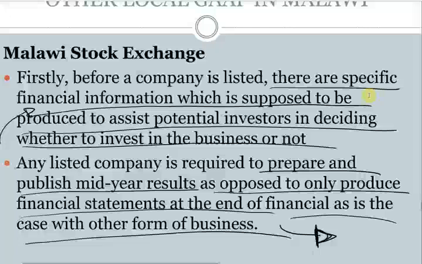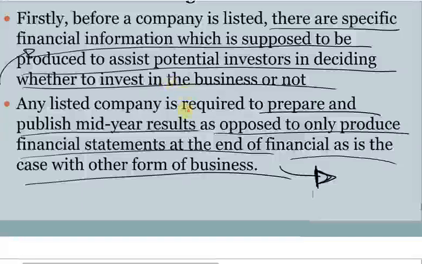Mid-year, that means for example in June, you're supposed to prepare your mid-year financial statements, and the year-end financial statements, which will incorporate the whole year. This is required by all listed companies participating in the stock exchange, while all other companies are just required to present year-end financial statements. So we have seen how the stock exchange regulates the preparation of financial statements of listed companies.